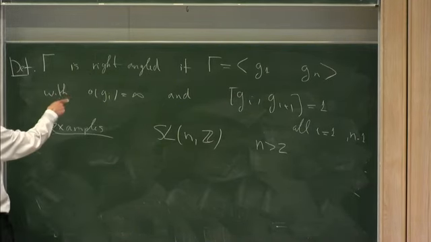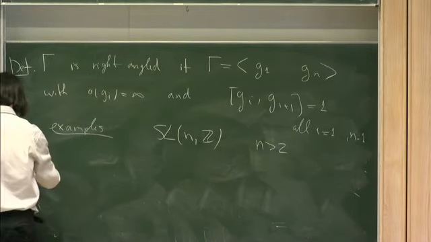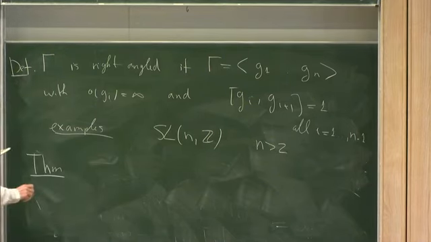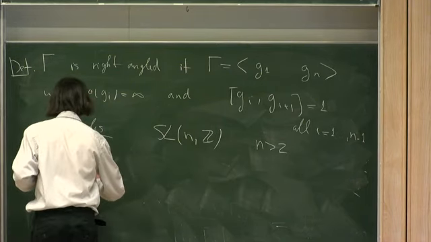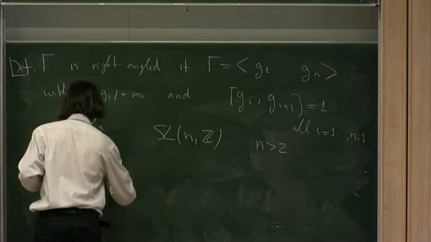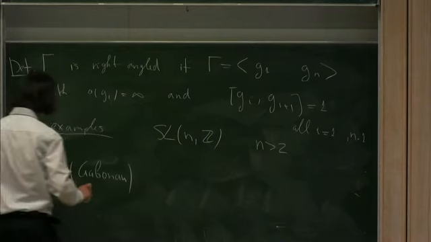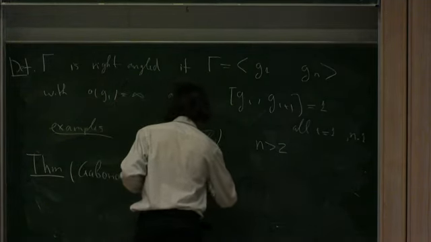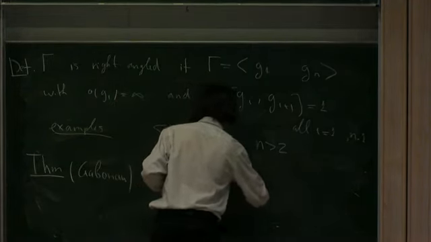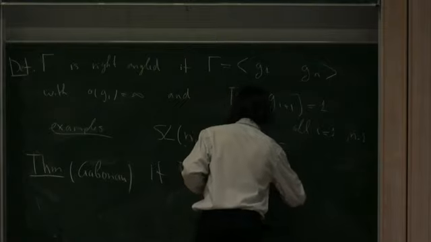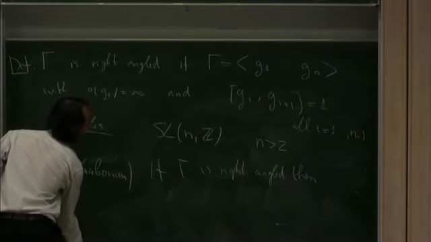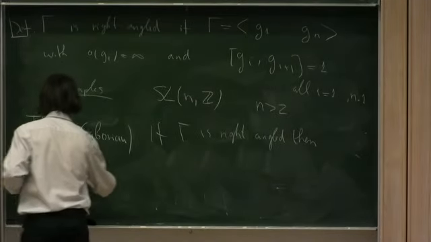Now, this class of groups was defined and studied by Damien Gaboriau, and he proved a theorem about them. He proved that if gamma is right-angled, then gamma has fixed price 1.